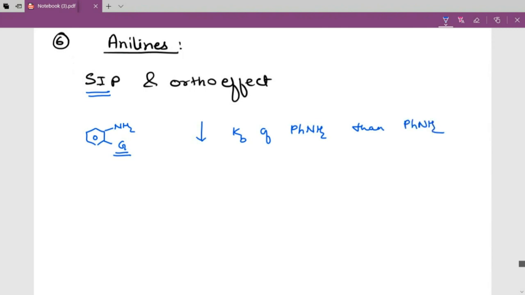Okay, it decreases KB of the molecule. Similar factors, steric, except if G is OH and OMe. Okay, these are the only two exceptions where the ortho effect in aniline doesn't work.